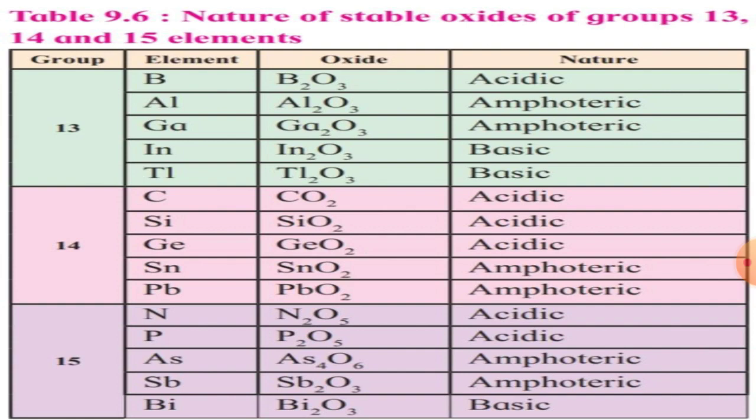So here nitrogen and phosphorus in their respective oxide forms are acidic in nature, while arsenic and antimony in their respective oxide forms are amphoteric in nature, and bismuth in its oxide form is basic in nature. So here student, we have studied the nature of stable oxides of group 13, 14 and 15 elements.